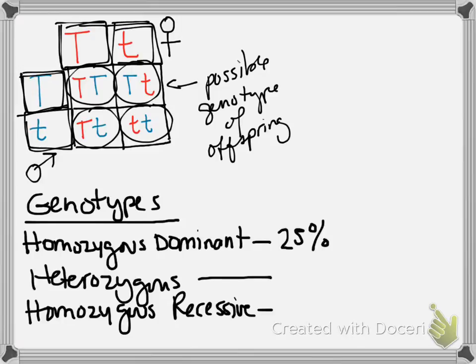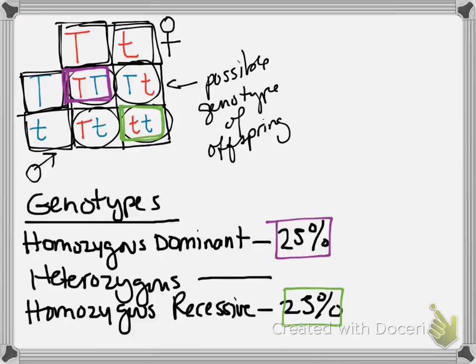What percentage of them are homozygous recessive? What percentage of them are heterozygous? 50%. So these 2 out of 4, or 50% of them, are heterozygous.